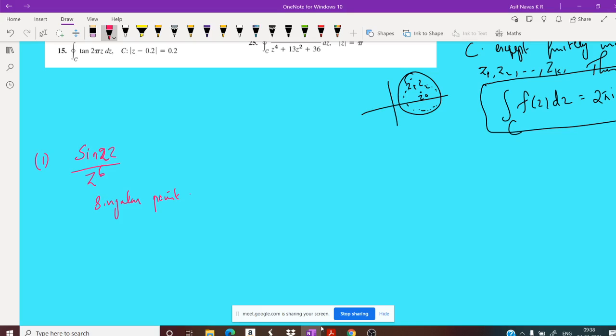Where the denominator becomes 0, z equal to 0. So the singular point is z equal to 0.